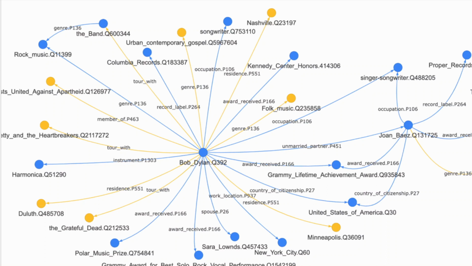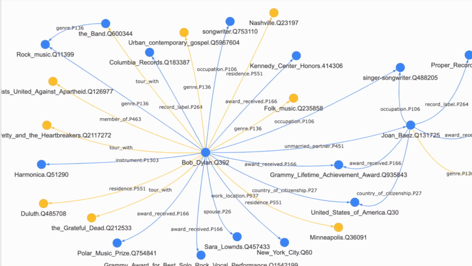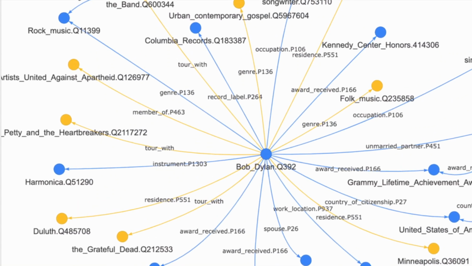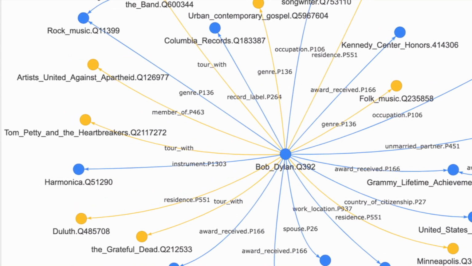Then yellow stuff, I believe, is either new relations. So whenever things are annotated, it's a new relation in the schema. So you can see this is an entity in the schema because it's annotated. This is a relation in the schema, but the arrow is new. So the humans hadn't yet extracted the fact that Bob Dylan was a member of Artists United Against Apartheid.